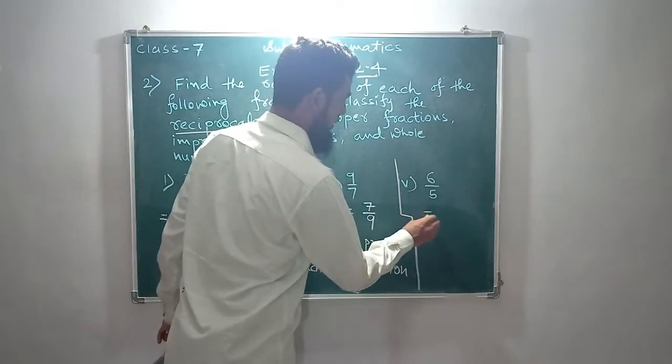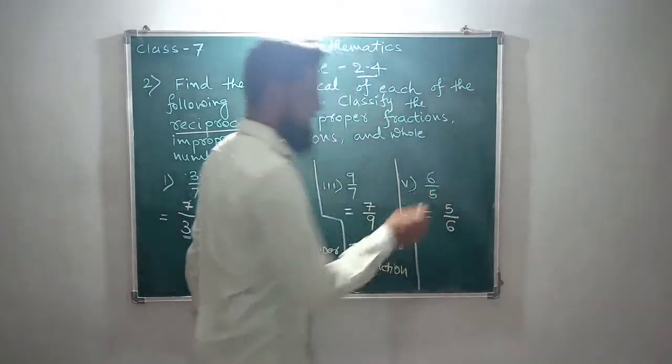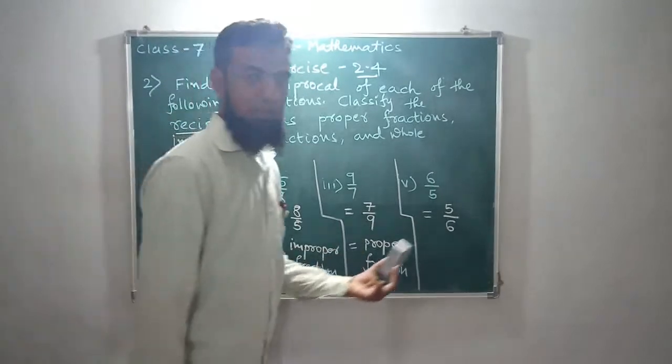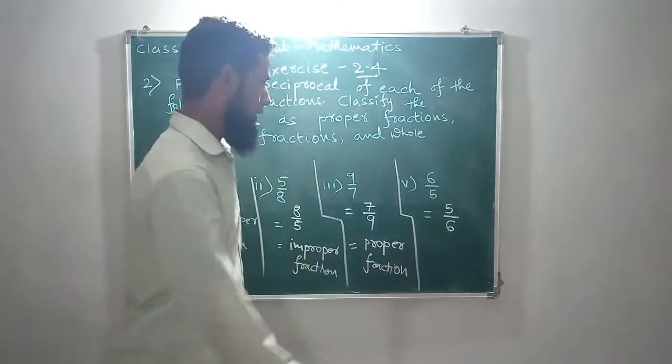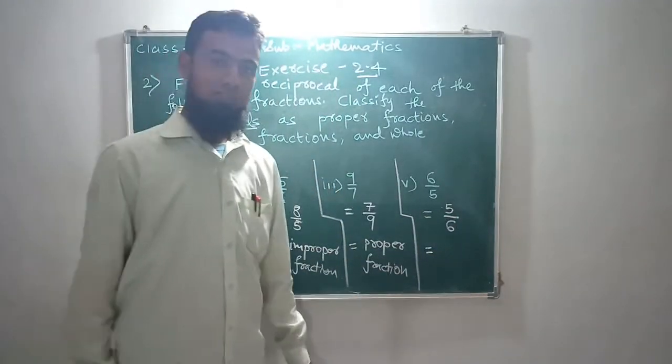Okay, now the next one, 5 upon 6, changing places from the denominator to numerator and numerator to denominator. So this is known as reciprocal. Now tell me, 5 upon 6, is it a proper fraction or improper fraction?